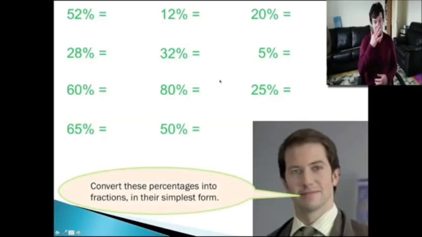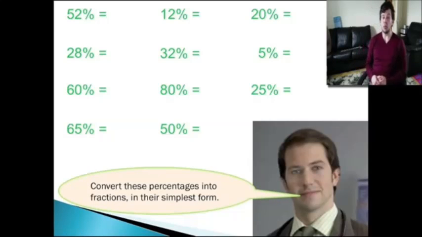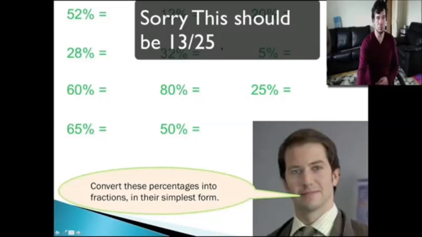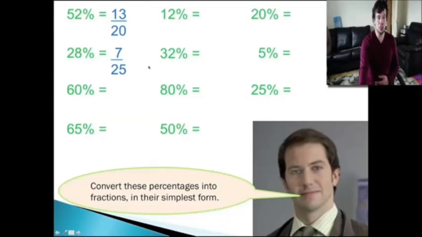Convert these percentages into fractions in their simplest form. Again, press pause on YouTube and carry out these following conversions. 52% equals 13/25. 7/25. 60 over 100 can be cancelled to 6/10, or even better, 3/5. 13/20 again.